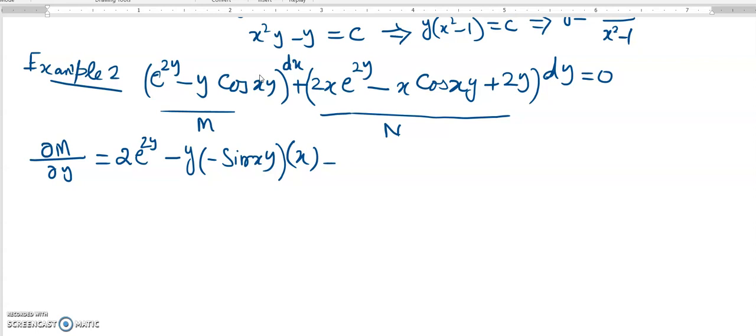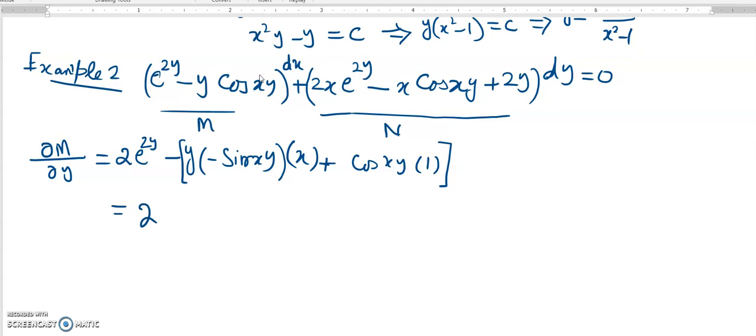And then by the second term, cosine of y into the derivative of y. Due to this minus sign, what we can do is take a bracket over here so that I can put plus. The derivative of y will be 1, cosine xy into 1, because we are partially differentiating with respect to y.